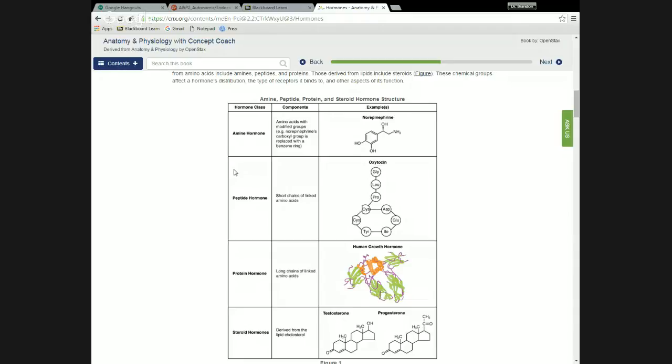Now, to say something is amino acid derived really doesn't mean that it's amino acids chained together. Those are molecules that are made by enzymes using amino acids as the raw material. We've actually already met an amino acid derived water-soluble hormone, which is epinephrine.